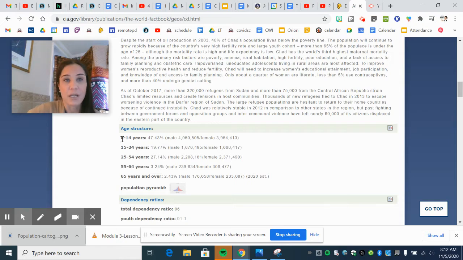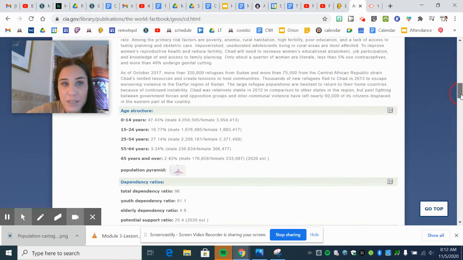But we're talking about age structures in terms of pre-reproductive, reproductive years, and then post-reproductive years. So 0 to 14 are your pre-reproductive years. And then we have basically from 15 to 24, and in this cohort as well, you can see that those are going to be your reproductive years. And then finally, these are your post-reproductive years.